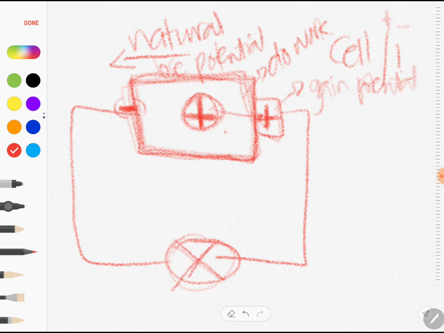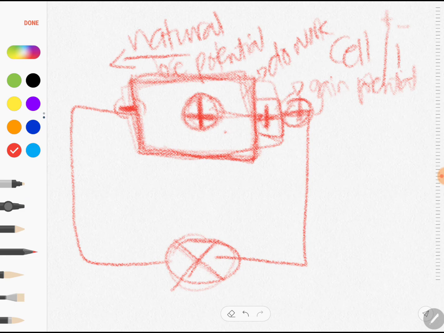And then, once this charge goes out here, by the way, inside the battery is what we call the internal circuit. Outside the battery is what we call the external circuit. Now, when this charge has already moved out of the battery, it is now part of the external circuit.